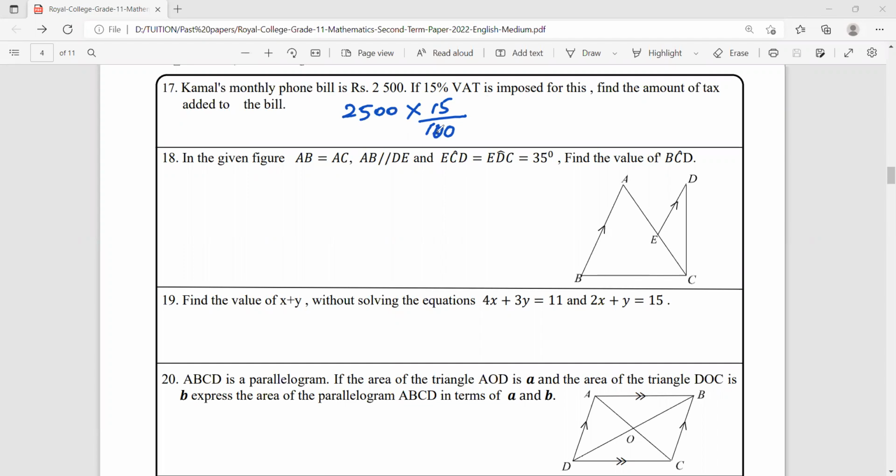This is equal to 25 into 15, right? And you get 375.